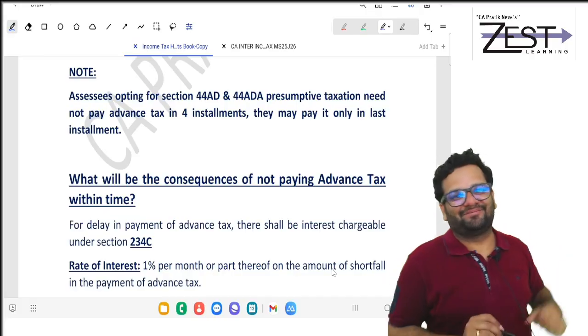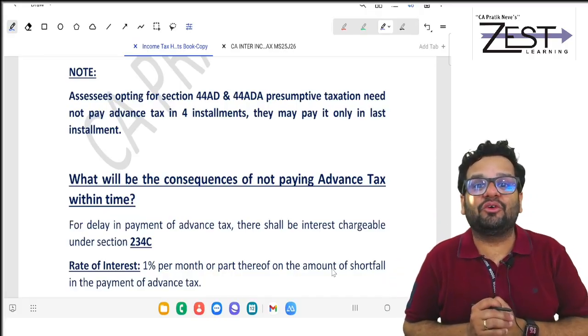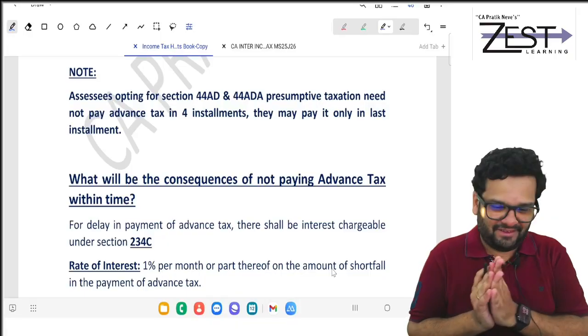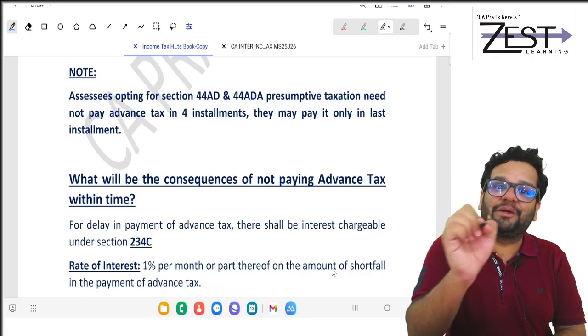Copy this note as it is. Already we discussed this note while doing your 44AD and 44ADA. Now you will understand the complete meaning.